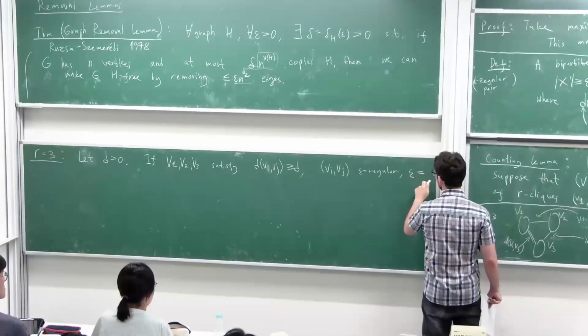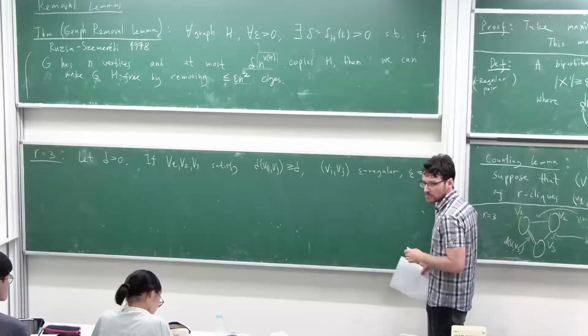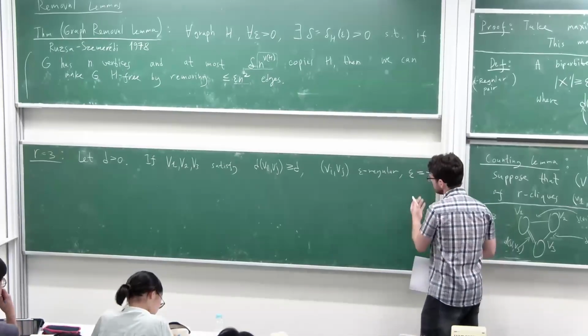It turns out that for this case, it's enough to take epsilon as b over 2. So we can take it as small as we want, just b over 2.